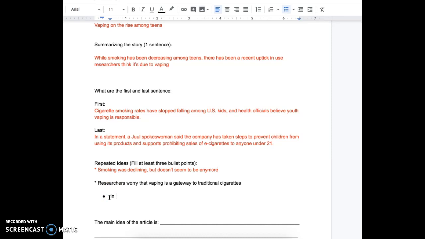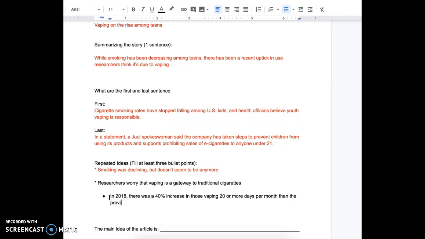In 2018, there was a 40% increase in those vaping 20 or more days per month than the previous year. 16 and 17.